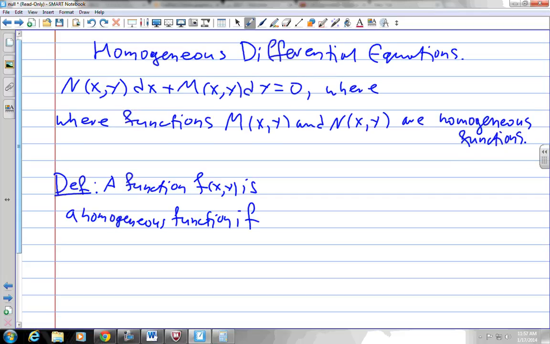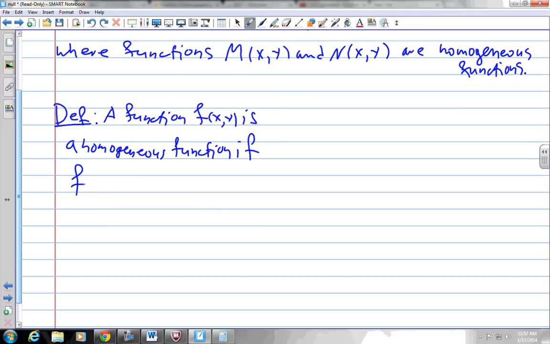if the following happens. If I make a substitution, instead of x I put tx, instead of y I put ty, somehow I'm able to factor out the t to some power, it could be t squared, t cubed, or whatever, times the original function.